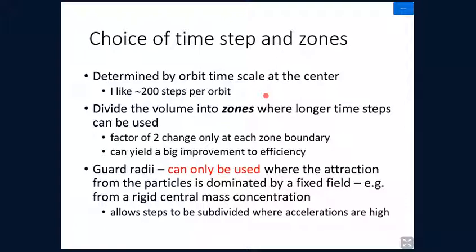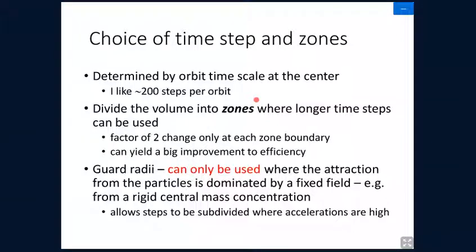But right at the center of your model, where the density is high, the orbit timescale is short, and so that determines the basic time step of your simulation. But farther out in the model, the timescales are longer, and it's inefficient to use the same time step for particles farther out as near the center. So you can divide the volume of the model into zones where longer time steps can be used, and the GALAXY code provides code to do this.